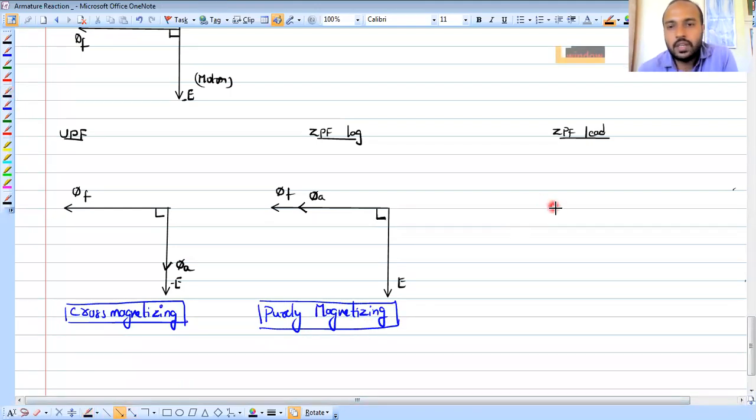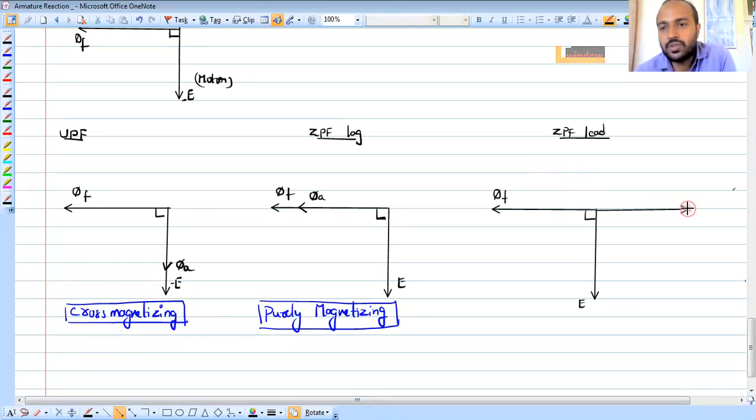ZPF leading. In case of ZPF leading, this is my magnetic field. This is the induced EMF in case of motor. Okay, phi F and induced EMF. In case of ZPF leading, this magnetic field phi A needs to lead with respect to induced EMF.